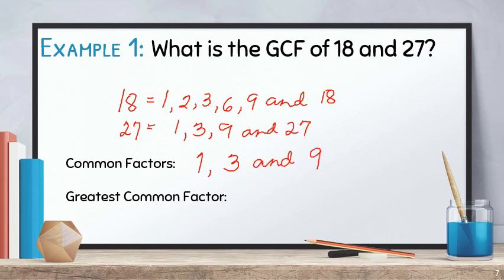But remember, we are looking for the GCF, or the greatest common factor, of 18 and 27. Among all their common factors, the greatest is 9. Therefore, we can conclude that the GCF of 18 and 27 is 9.